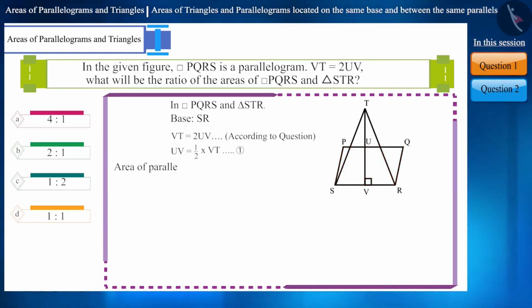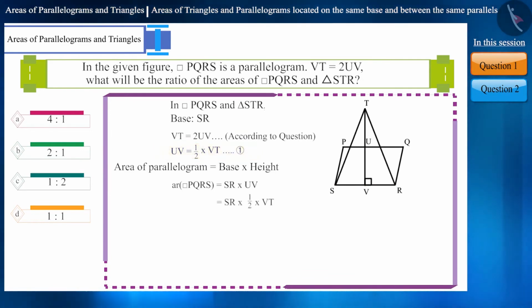Area of a parallelogram is equal to base multiplied by height. Here, base is SR and height is UV. We can place their values in the formula for the area of quadrilateral. We can write it like this using equation 1. By simplifying, we will get, let's call it equation 2.